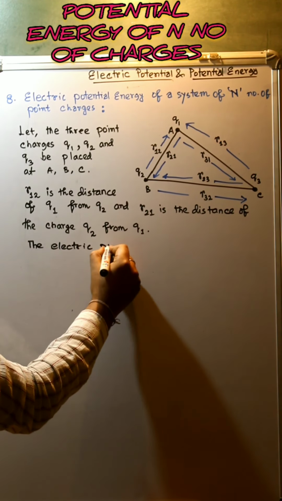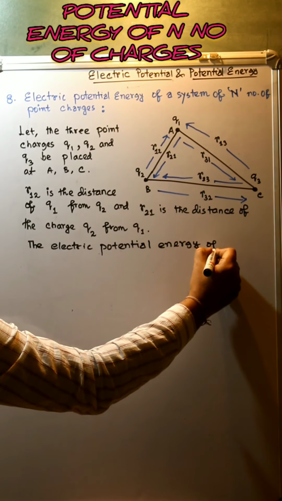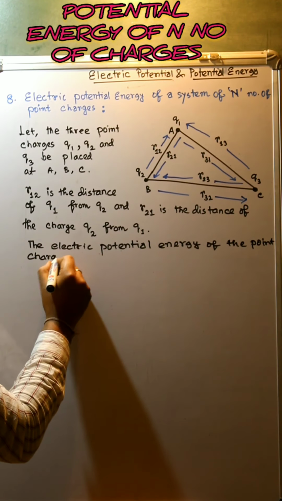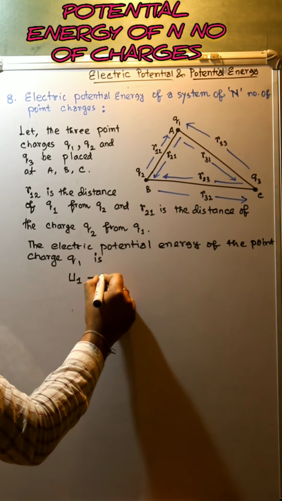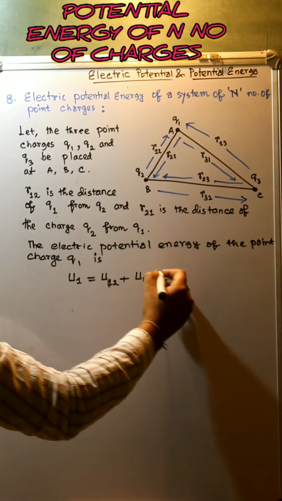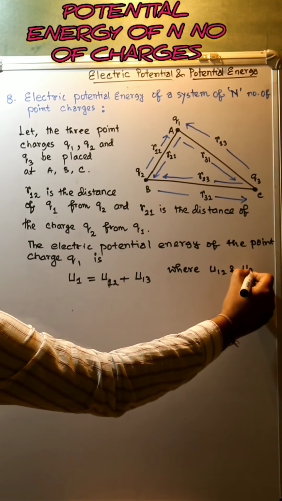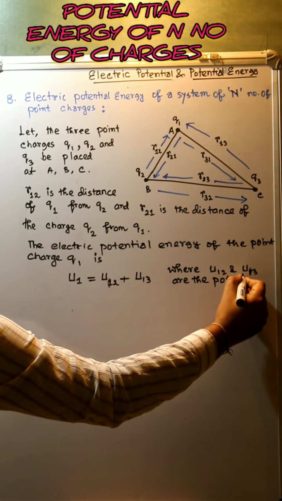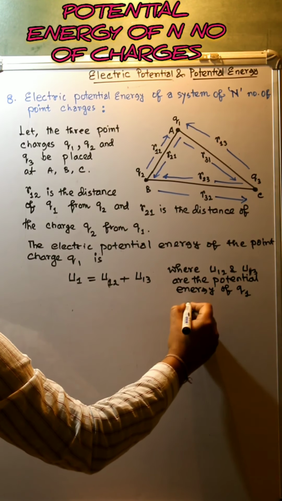And here the electric potential energy of the point charge Q1 due to the other two charges is denoted by U1 is equal to U12 plus U13, where U12 and U13 are the potential energy of Q1 due to which charges?